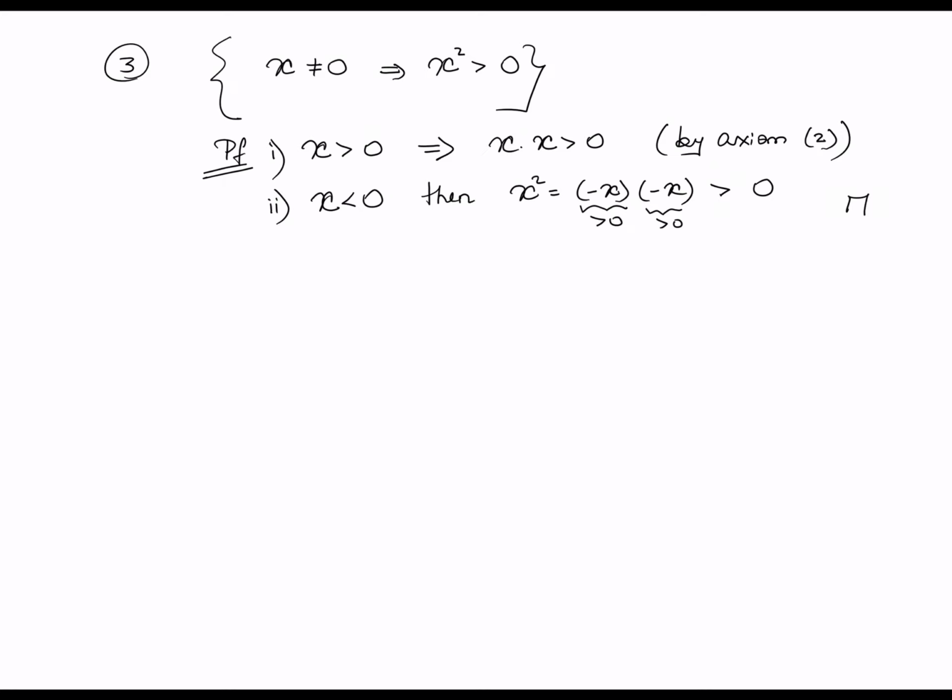So that's it. We have proved for positive elements that the square of a positive element is positive follows from the axiom. For a negative element, that the square is positive follows from this property that we have already proved in the context of a field. So this is just to give you a flavor of the kind of things that one can prove by starting with a very small but rich set of axioms.